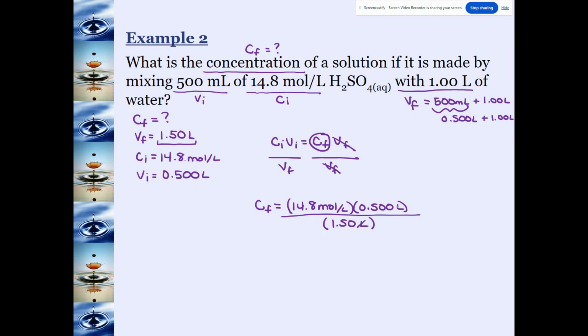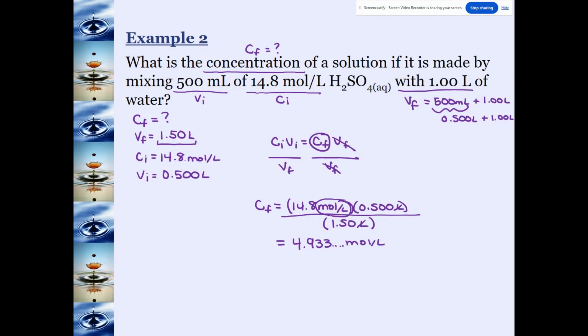So our liters cancel and we are left with moles per liter for our units of the answer. So 14.8 times 0.5 divided by 1.5 gives us an answer of 4.933 and so on moles per liter.